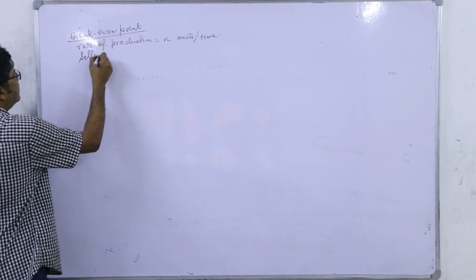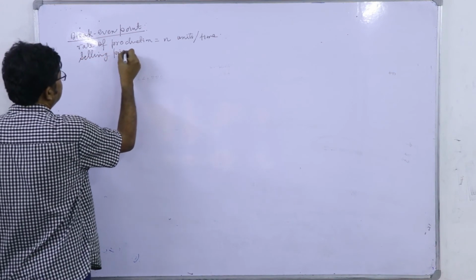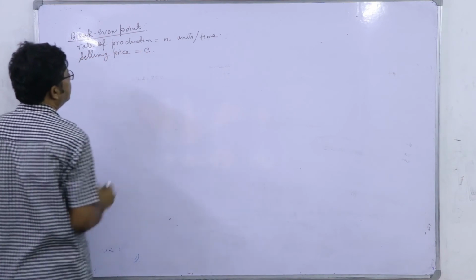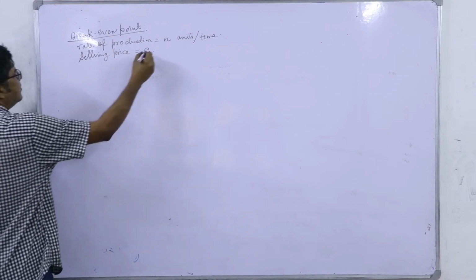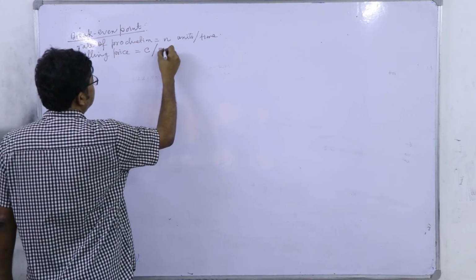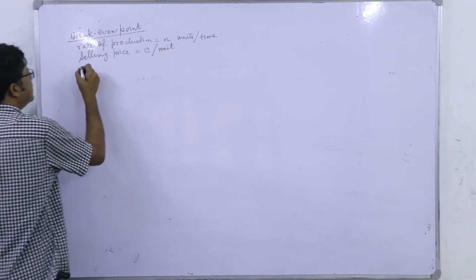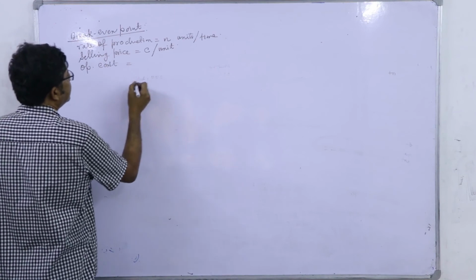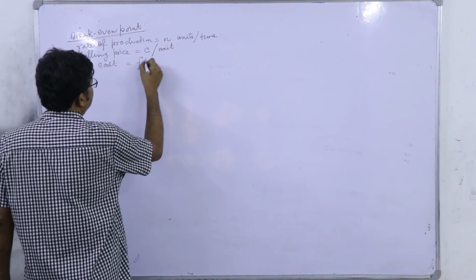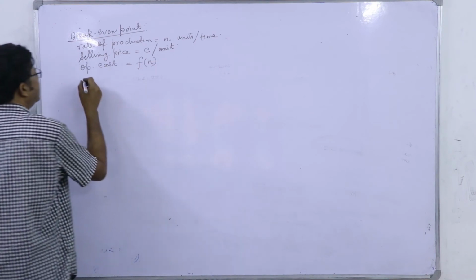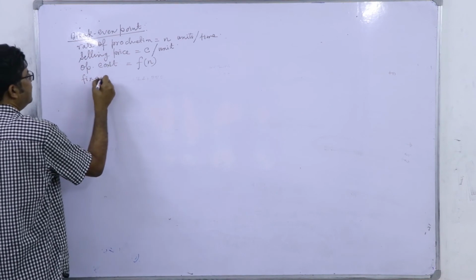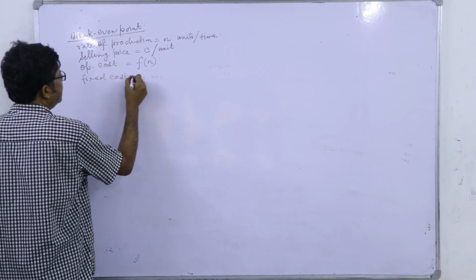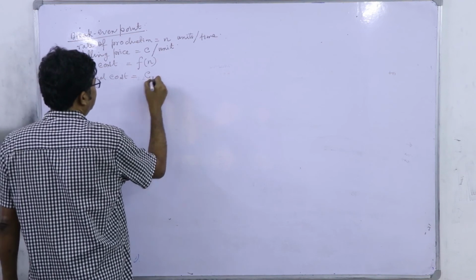Selling price is C per unit. Operating cost is F, a function of N, and fixed cost is another, say C1.